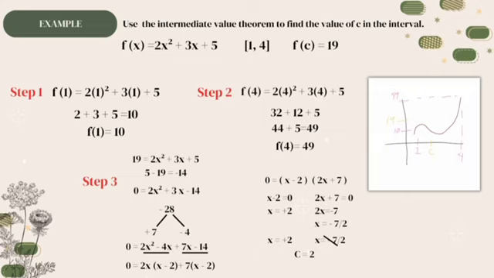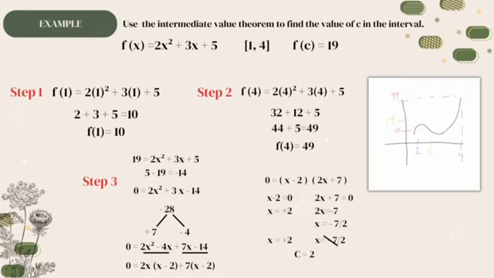So first, we have f of 1 is equal to 2 times 1 squared plus 3 times 1 plus 5. So, ang makukuha natin doon is 2 plus 3 plus 5, which will give us the value of 10. Now, how about sa f of 4? f of 4 is equal to 2 times 4 squared plus 3 times 4 plus 5.